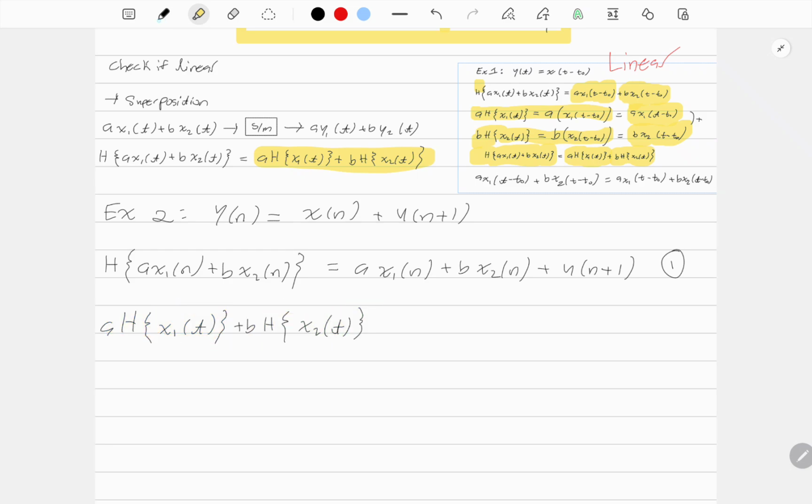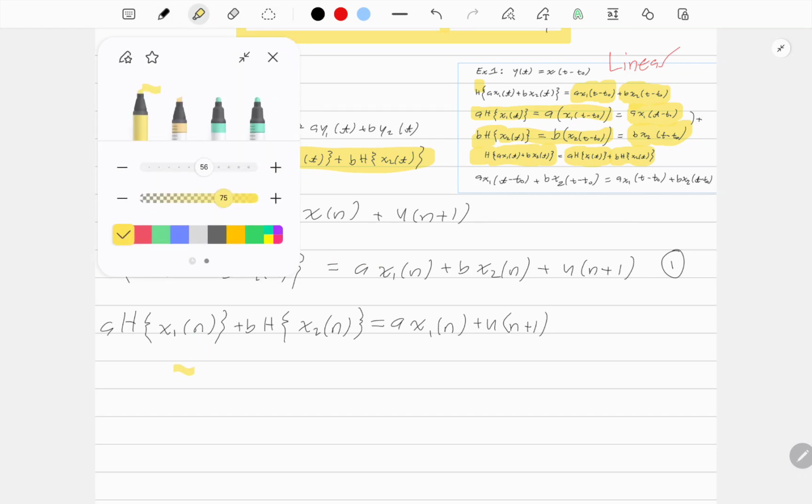So we're going to get a of, and I keep writing t, it should be n. My bad. So we're going to get a of x1 of n, and we're going to apply our system, which adds a u of n plus 1, plus u of n plus 1.